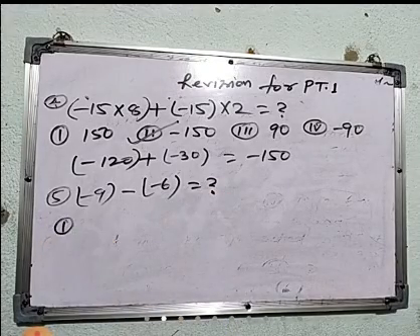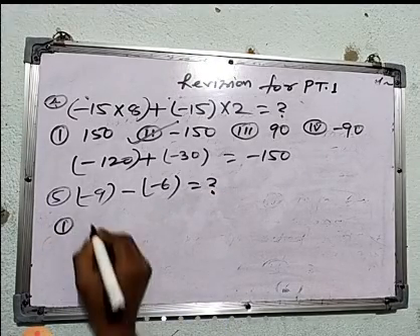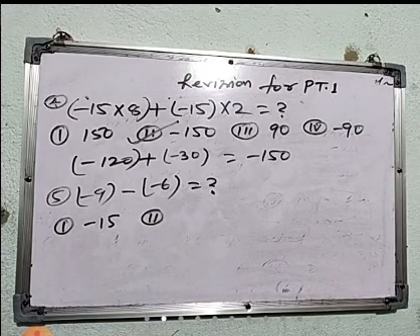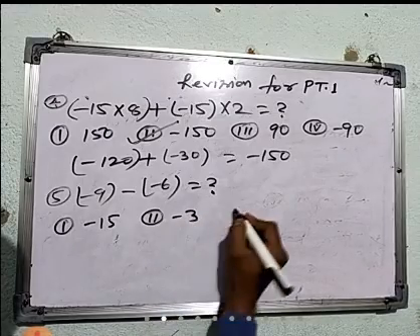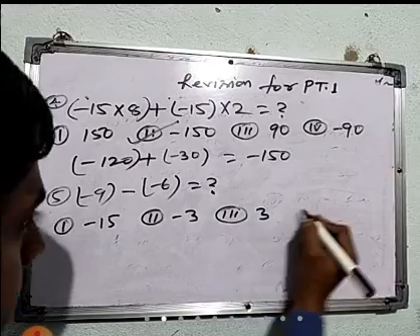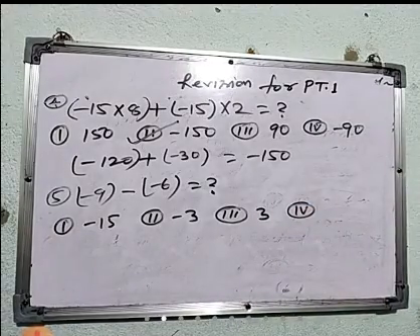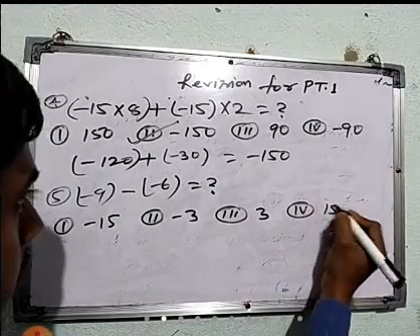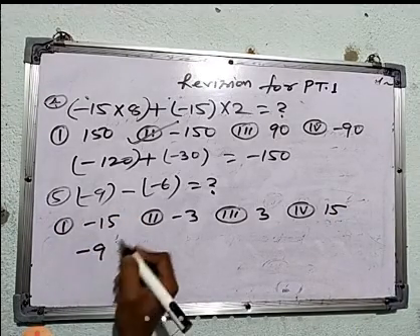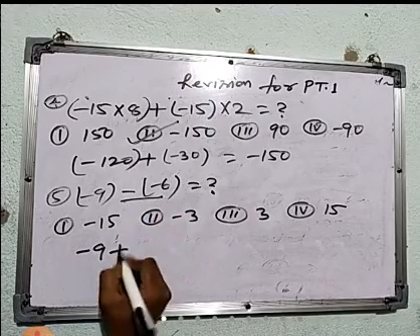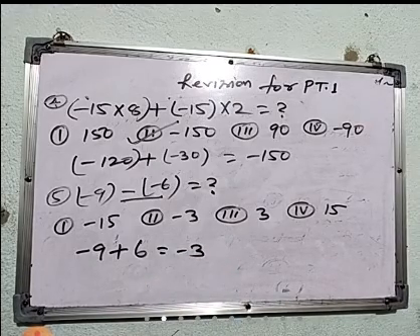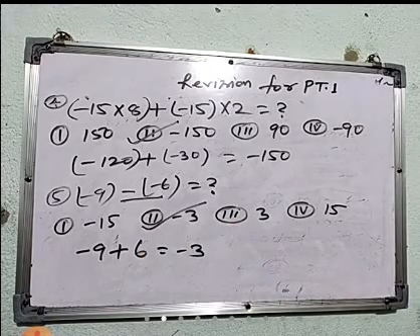You have option first -15, second option -3, third option 3, and fourth option 15. So you see -9 minus minus becomes plus, so you write 6, equal to -3. So your answer is -3.